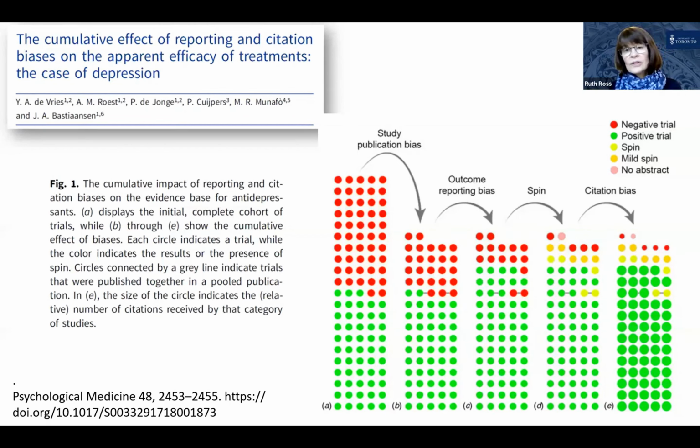So the question is, what's the status of panel A for negative versus positive trials? What's the influence of potential spin, be it big spin or small spin, and what's happening to affect our overall perception and what we feel is the reality versus what the studies are saying? And this is the world we live in with everything now.